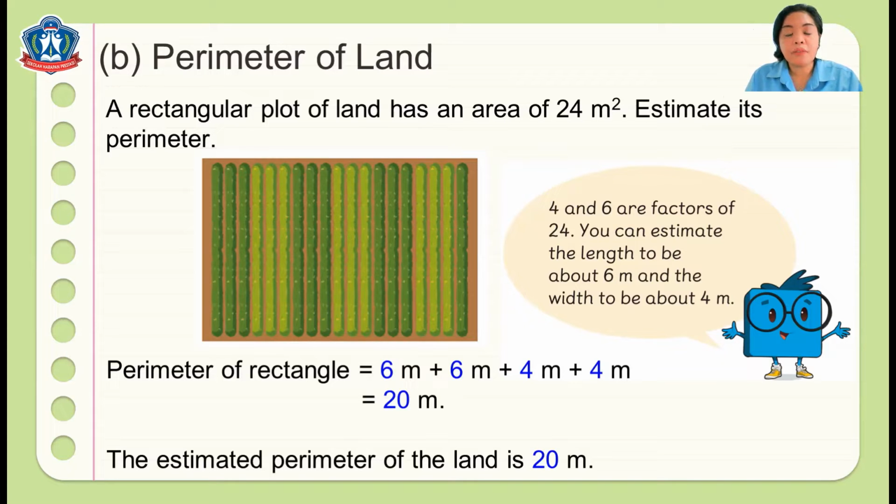The reasonable factors that can make 24 are 4 and 6. So the length could be 6 meters and the width is 4 meters. To get the perimeter, we will add the length 2 times and the width 2 times. So 6 plus 6 plus 4 plus 4 is equal to 20. So the estimated perimeter of the land is 20 meters.